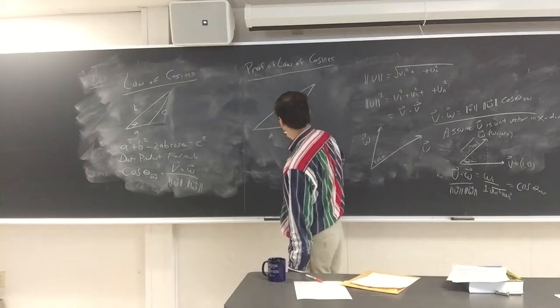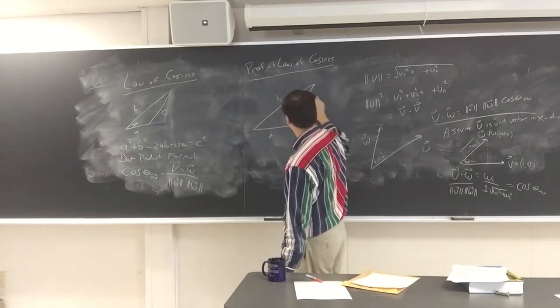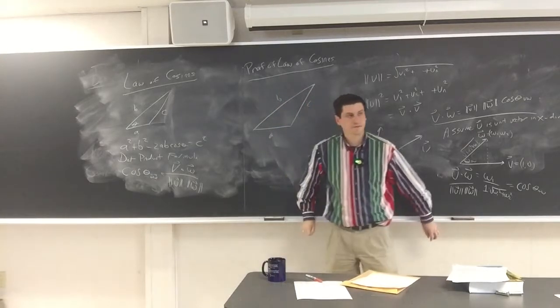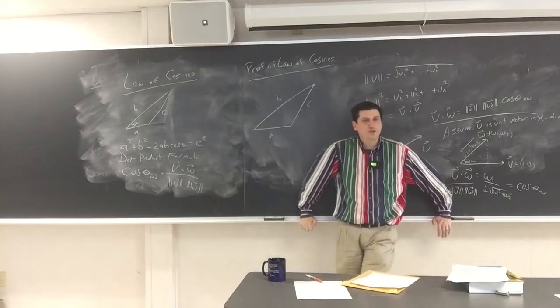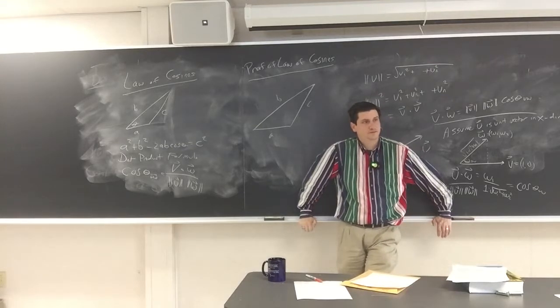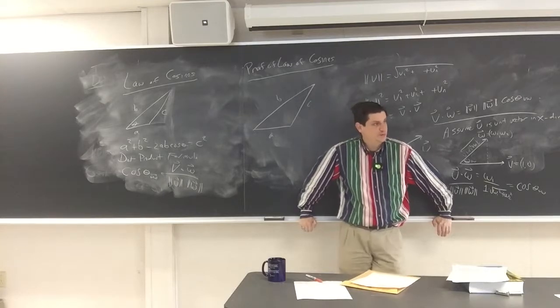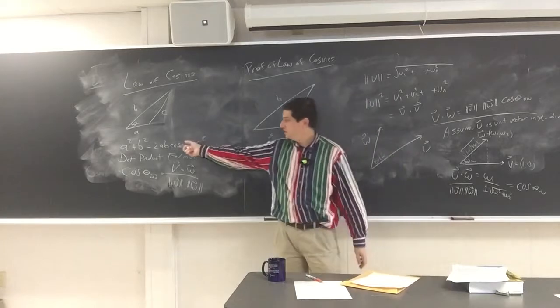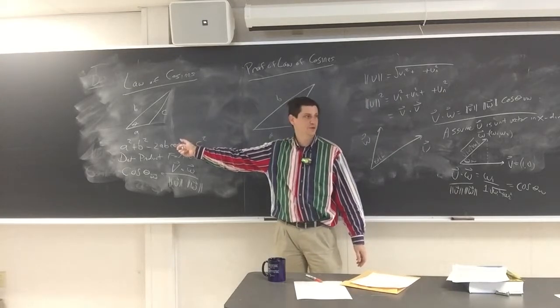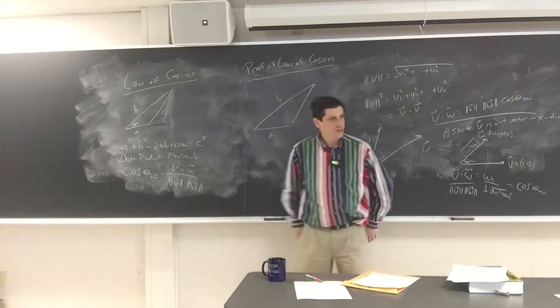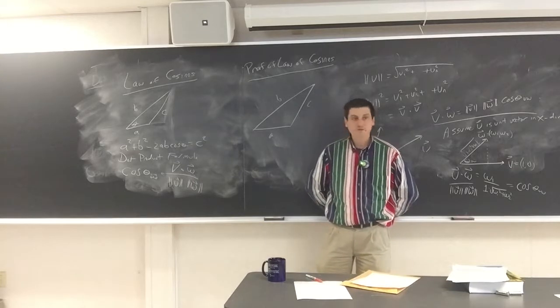So here's A, here's B, and here's C. What is the law of cosines generalizing? So it's generalizing the Pythagorean theorem. If the angle is 90 degrees, then you just get a squared plus b squared equals c squared. Okay. What kind of triangles do you think we want?